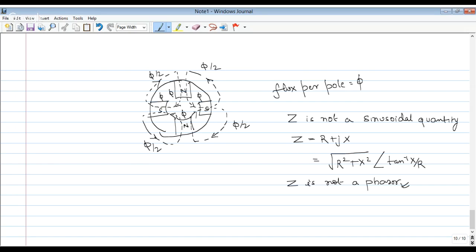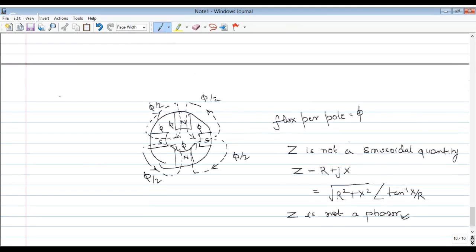Has anyone commented anything? Mayank, you are saying that it is written in the concept that shifting by T by 4, A_K becomes B_K and B_K becomes A_K.